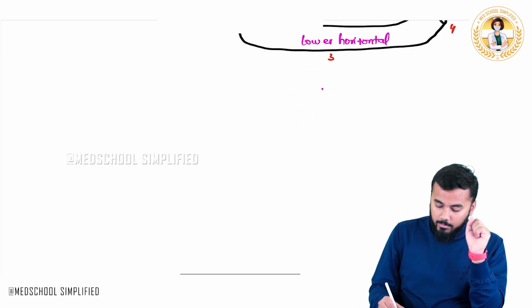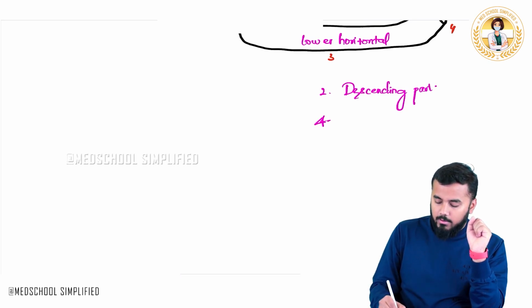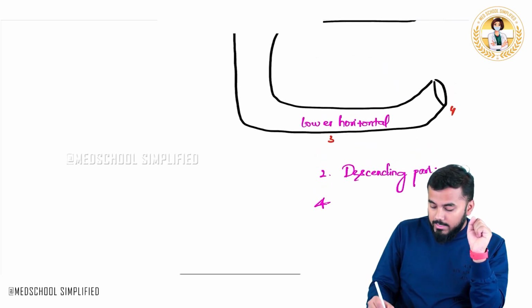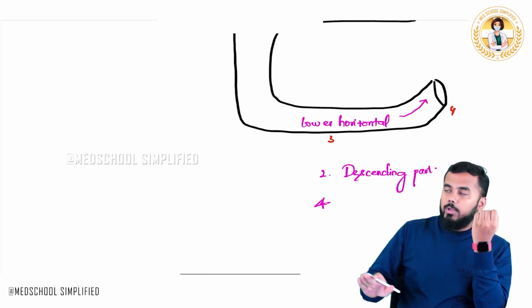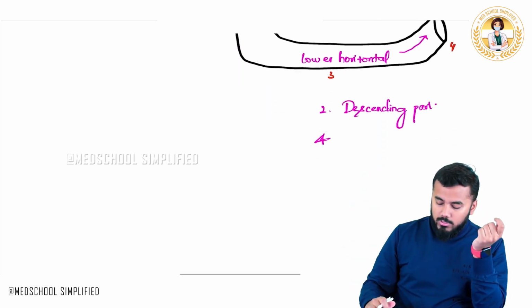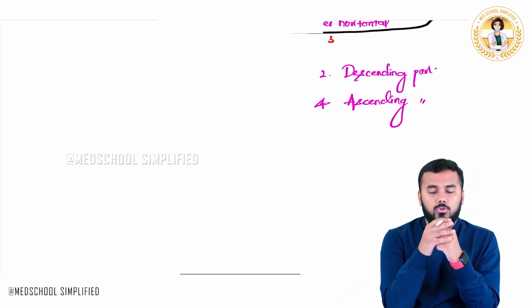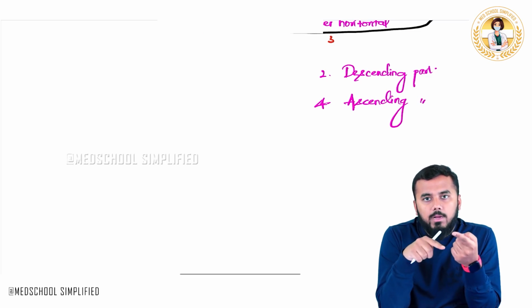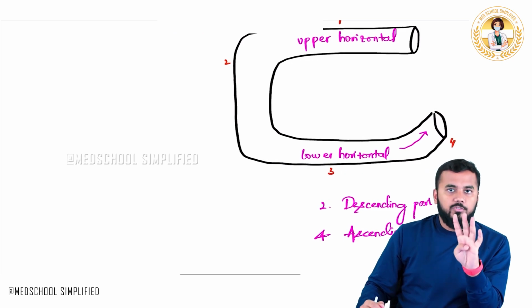The fourth part is going above, it is making a curve above, so that is why it is called as ascending part of the duodenum. So we have got upper horizontal part, descending part, lower horizontal part, as well as the ascending part. These are the 4 parts of the duodenum which you have to know.